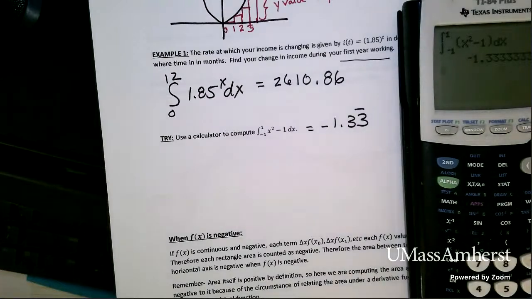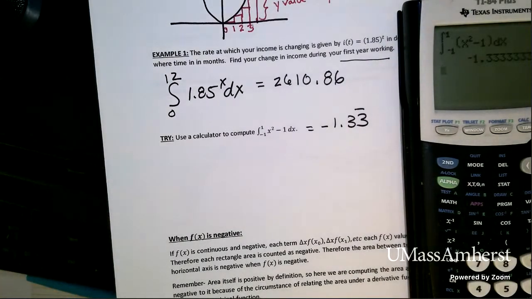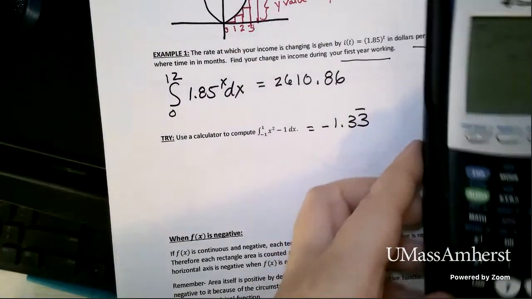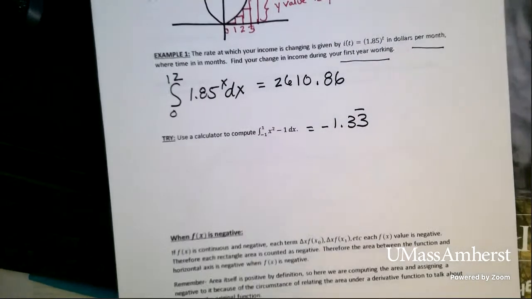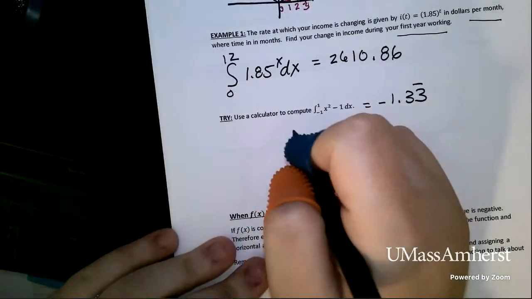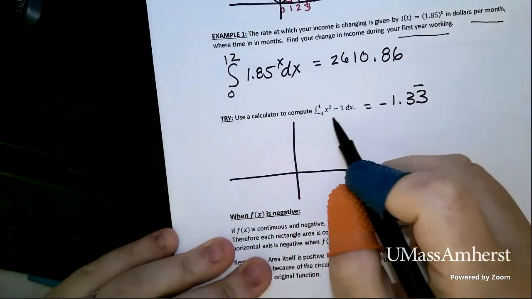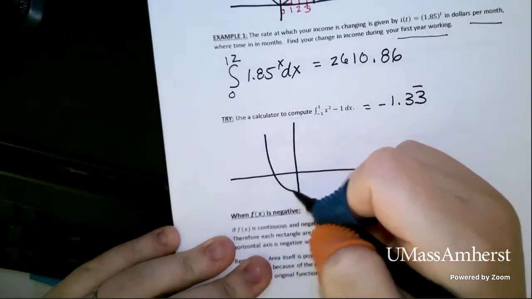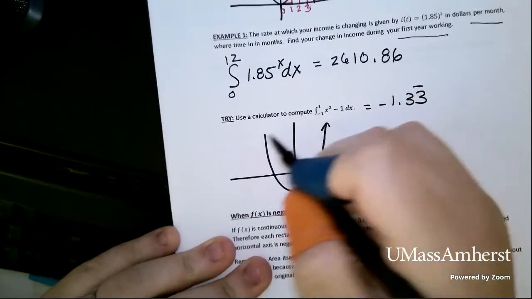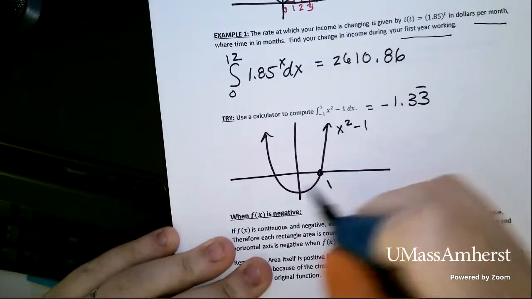And so instead of trying to visualize what negative area would look like in terms of geometry, I want you to think really carefully about what we know in terms of relationships between the derivative and the original function. So I'm going to graph this function. So x squared minus 1. It's going to look like this. This is 1.